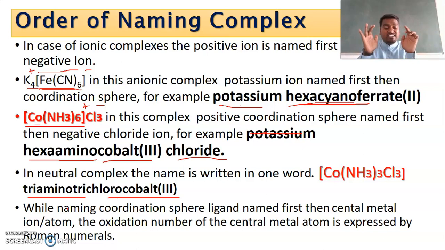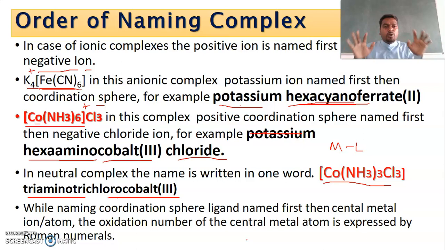Now take the coordination sphere, the moiety indicated here. It contains only the metal ion and ligands. While naming the coordination sphere, we always first write the name of the ligand, then the name of the metal ion. There we are not worried about charges. Don't confuse between them: the coordination sphere is different from the coordination complex.